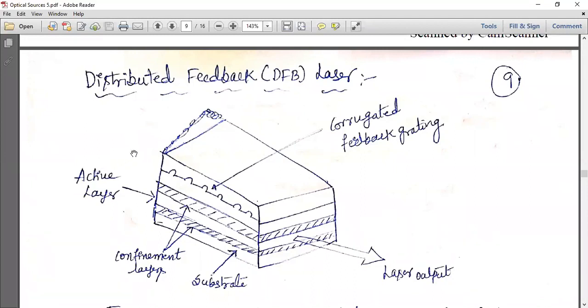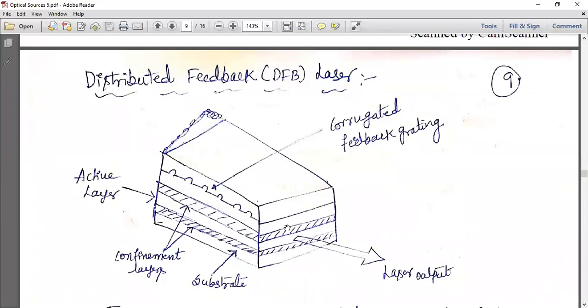Whenever the positive terminal is connected to the P type material, all the holes are pushed into the active layer. Similarly, from this side it is an N type material, N type gallium aluminum arsenide or N type gallium arsenide. Here it is a P type gallium arsenide or P type gallium aluminum arsenide.